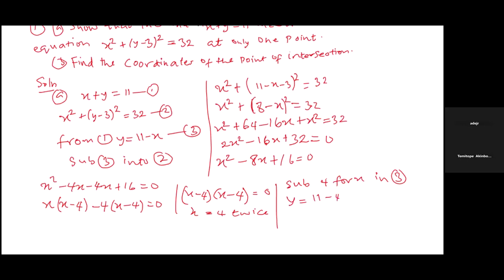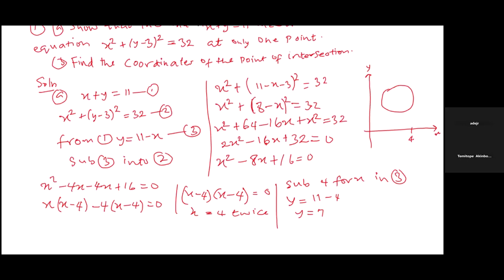So what does that mean? It means that when x is 4, y is 7. That is the point where the line passes through to touch the circle. So that means you have something like this. Let's say 4 is here on the x-axis, and let's assume 7 is here.